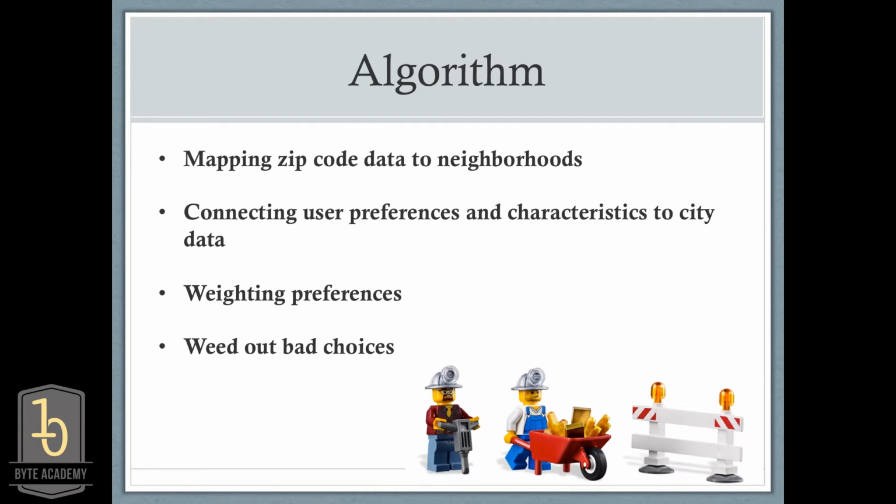In addition to that, we both weight the preferences and we try to filter out bad choices. After we've found the ones that match up best with them, if they stressed that, for example, nightlife or the quality of schools was extremely important to them, then the neighborhoods that scored more highly on those categories, we would give extra weight to.